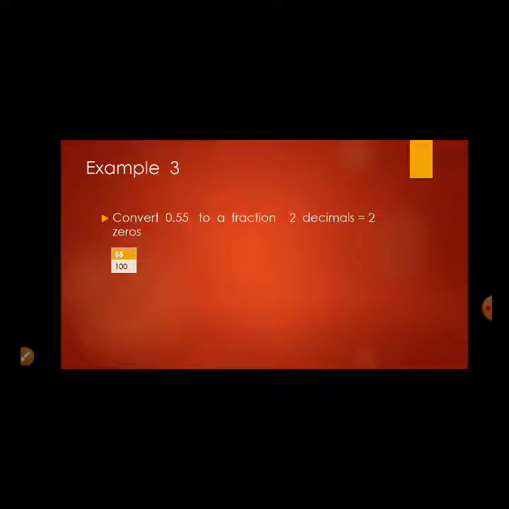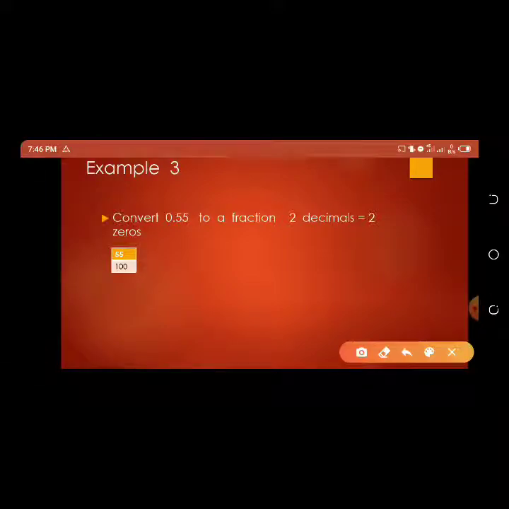The next question says we should convert 0.55 as a fraction. I will move my decimal point how many times to have a whole number? 1, 2. That's when I don't have anything behind again. I moved it how many times? 2. Then I draw my line.